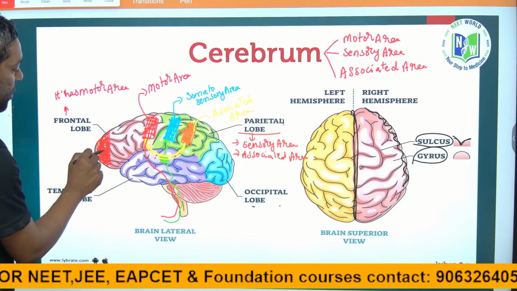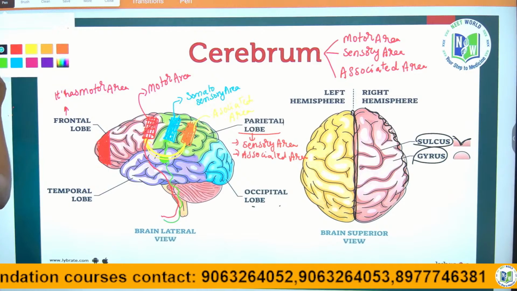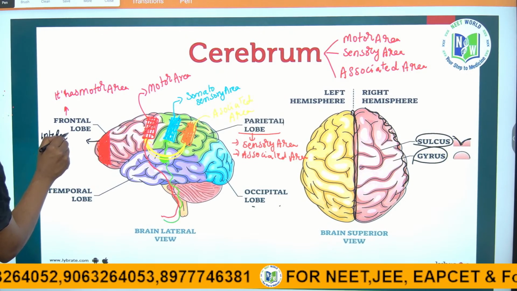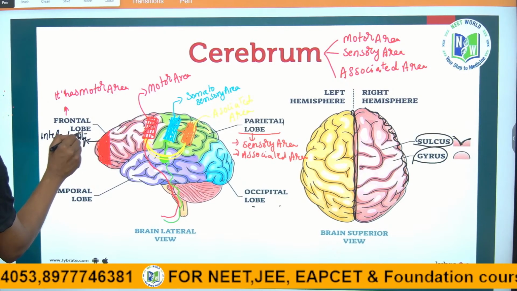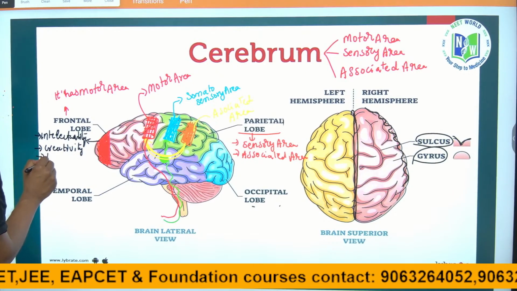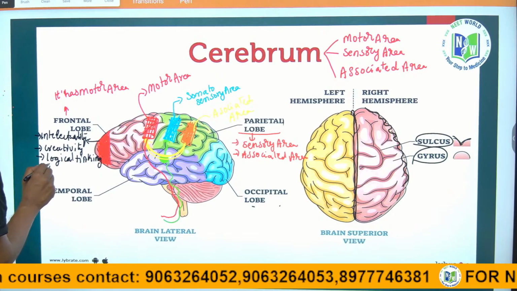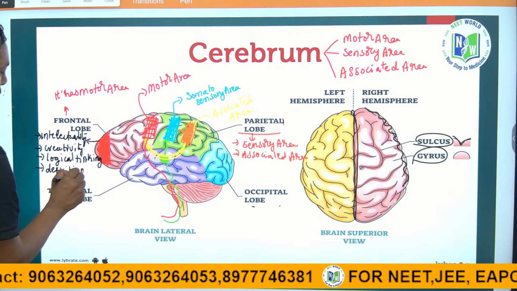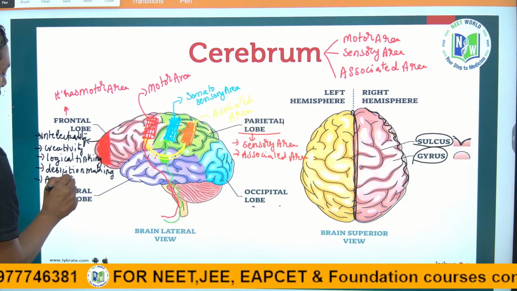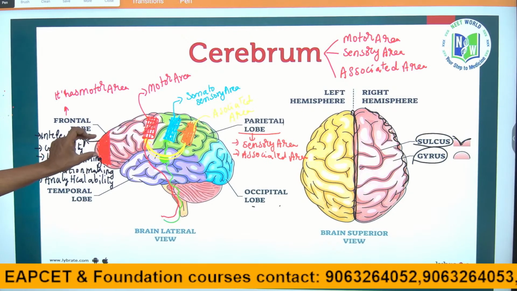There are many functions that take place from this area, like intellectuality, creativity, logical thinking, decision making, and analytical ability. These functions take place from the frontal lobe.